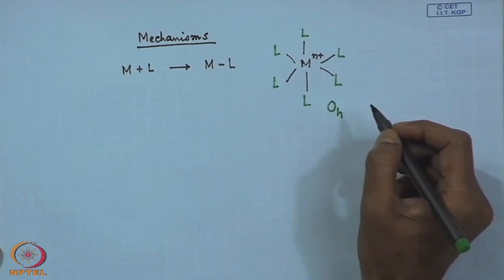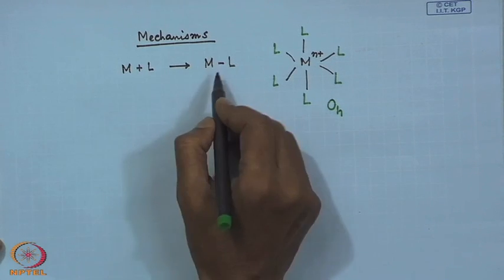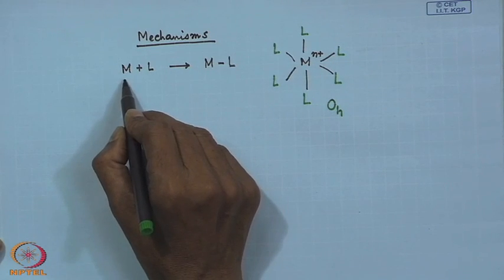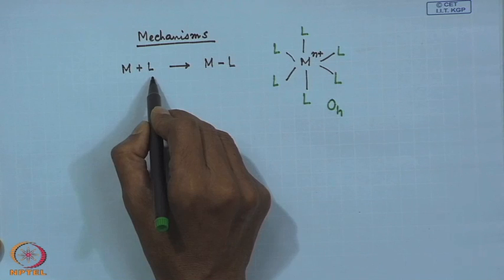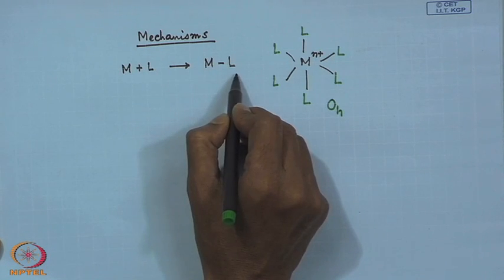In the first step, if one M reacts with one L, we get an ML species forming.